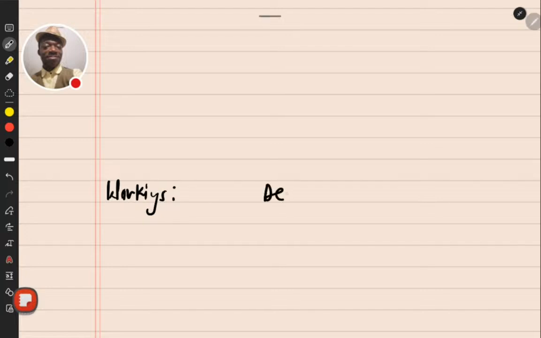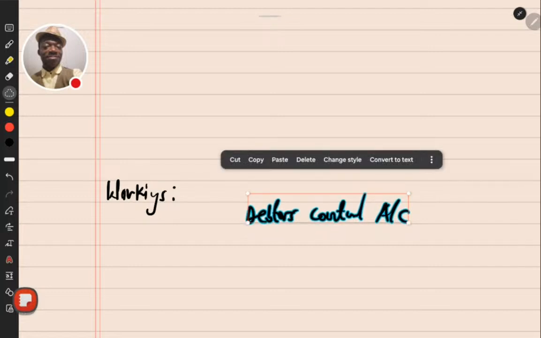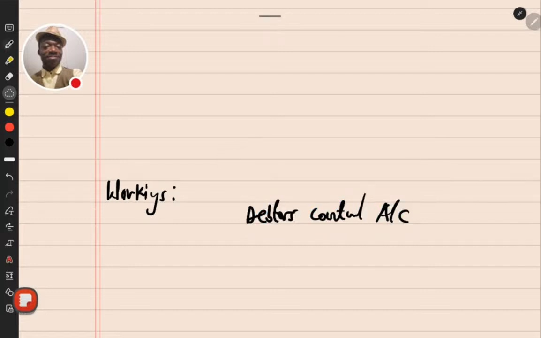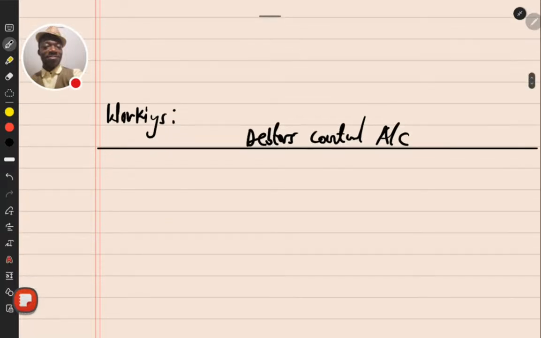So we'll have here as well the debtors control account as a working, so that we can know how much we're going to transfer to the income statement as sales. We're going to use a T format to present that here. So I'll have my two currencies coming up.